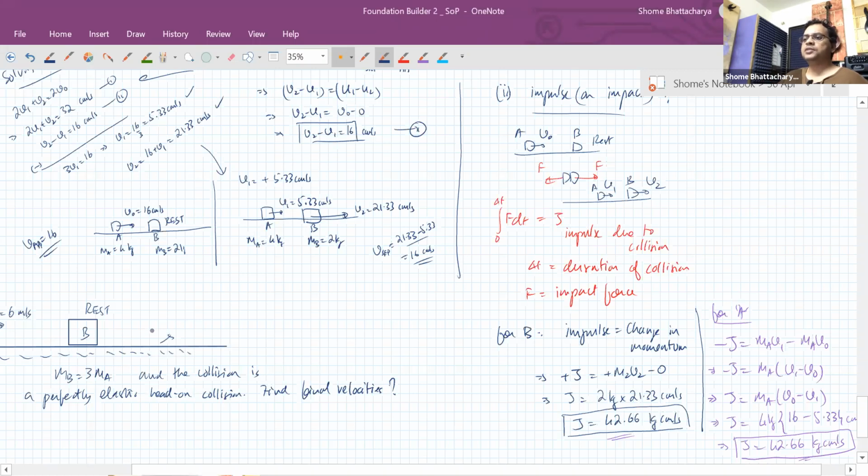But before A comes and collides with B, it would have slowed down compared to the initial velocity. In this case, we have taken a perfectly smooth floor. There is no friction involved. Because if there had been friction, the velocities would be different before and after. Yes, that's correct.